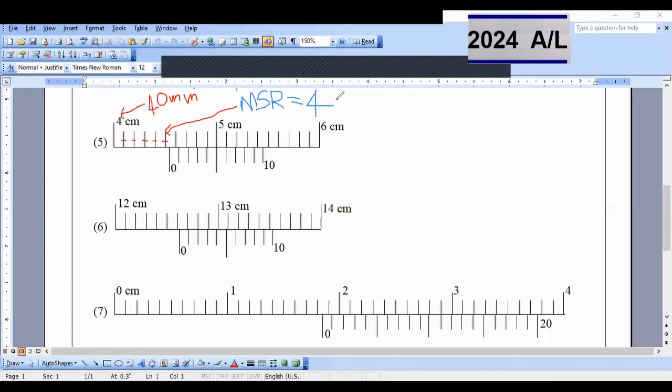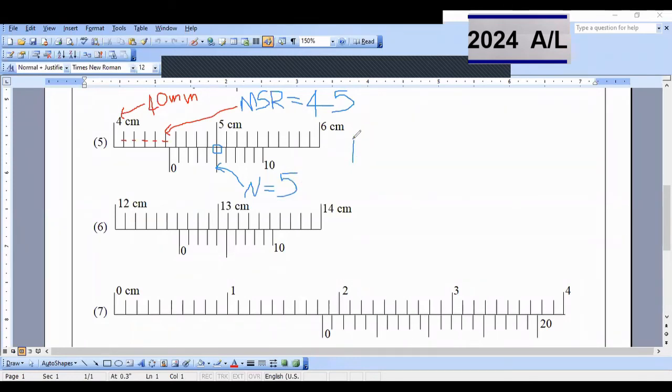Now somebody unmute the mic and tell me the coinciding vernier number. 5, sir. The coinciding vernier number is 5. What's the letter that we use for it here? Capital N. Capital N is 5. Then how do you find the reading?